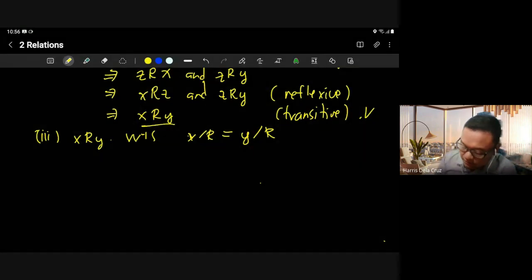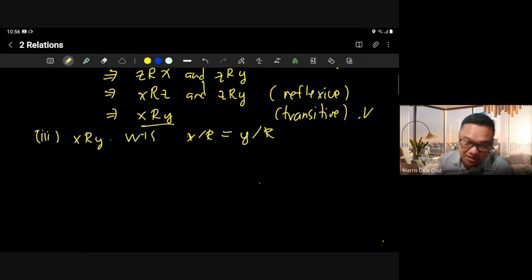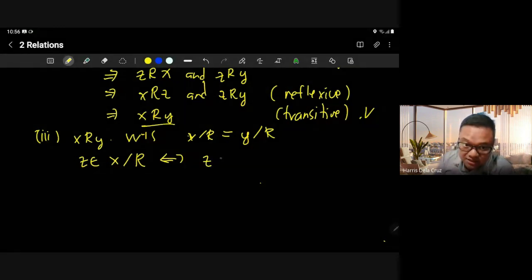Okay. So, meron na tayong x at y. So, hindi ko na pwedeng gamitin yung x at y. Z naman. So, let Z be an element of x over r. Ano ba ibig sabihin? Pag Z element ng x over r. Well, by definition, ang ibig sabihin yan, di ba? Z is related to x.